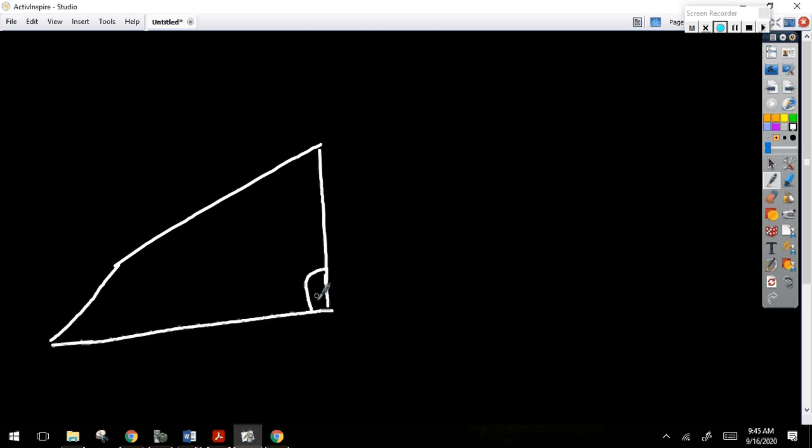So if my hypotenuse is 1, that means that each side is square root 2 over 2. And 45 degrees is the same thing as pi over 4.